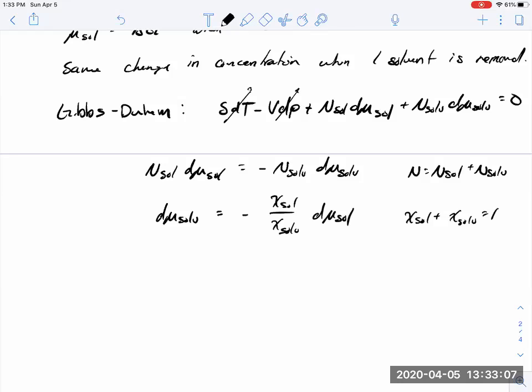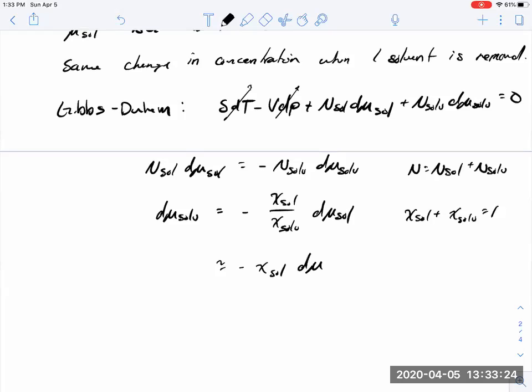Now in the dilute solution, the solvent mole fraction is very close to 1, so to a good approximation, the change in the chemical potential of the solvent is just minus the mole fraction of the solute times its corresponding change in its chemical potential.